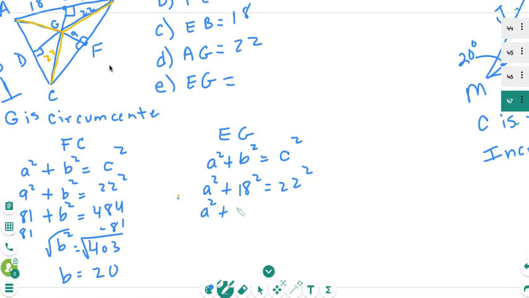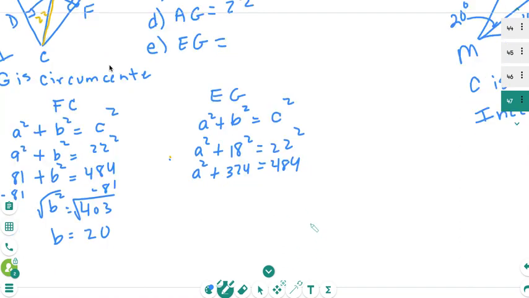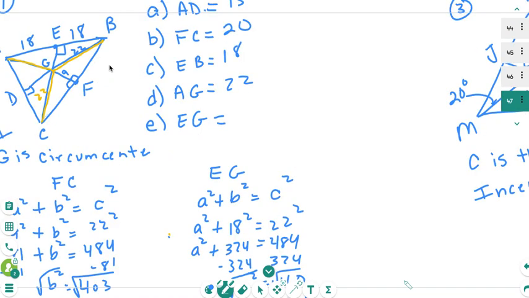A squared plus 324 is equal to 484. Pair out the 324. So a squared is going to be 160, square root, and a is going to equal 12.6. So that means our shortest side of that triangle is going to be 12.6.